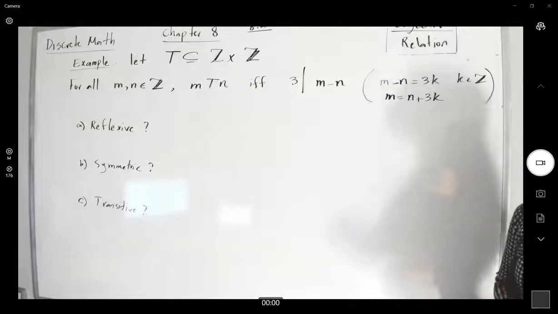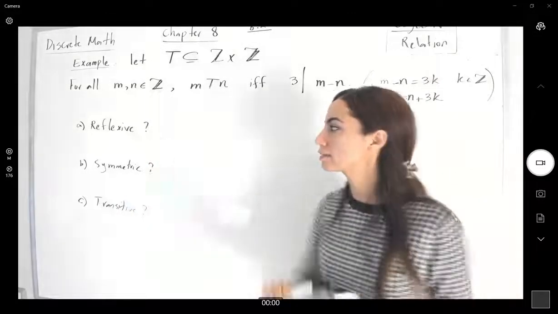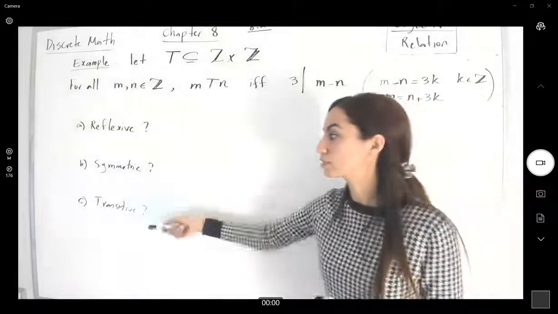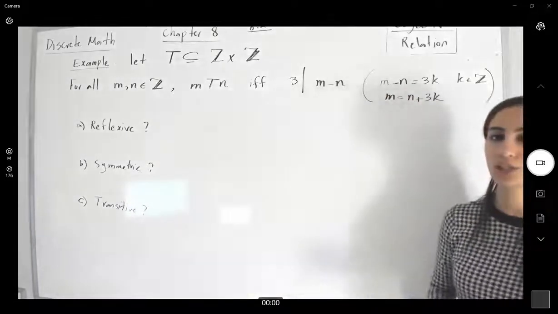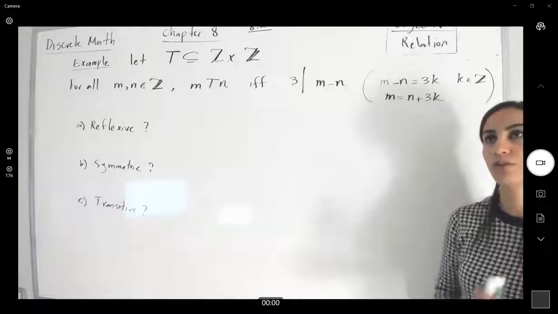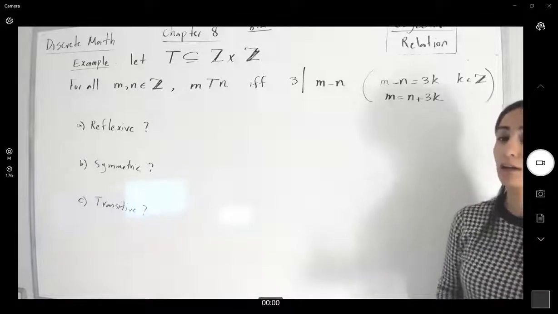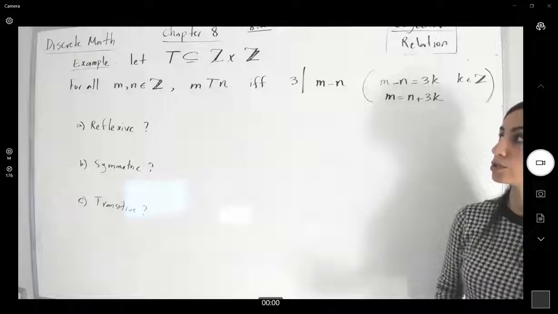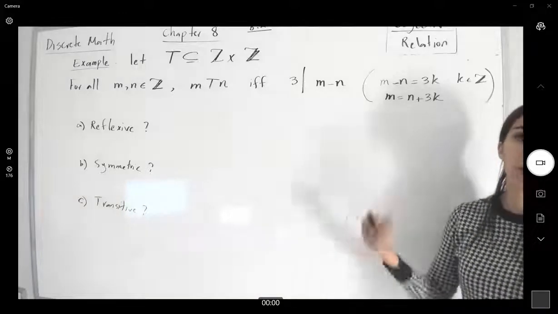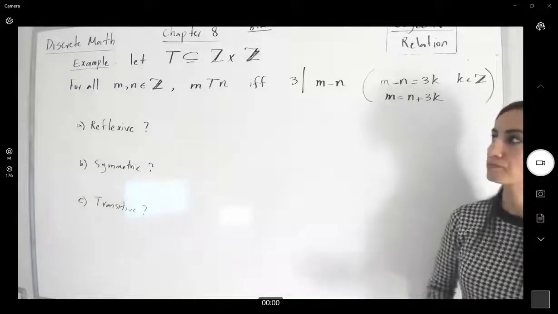Okay, the question says, do you have a reflexive relation? Do you have a symmetric relation? Do you have a transitive relation? And another question for you is, can you generalize this into divisibility by, like, L?